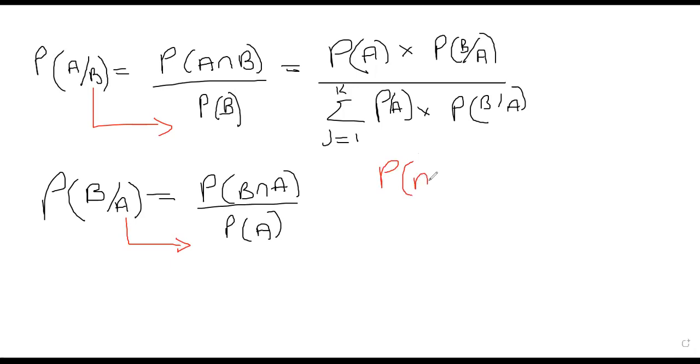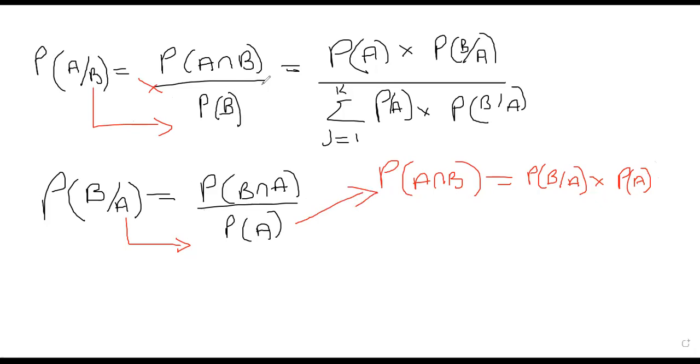The probability of A intersection B, when you cross multiply, is the probability of B given A multiplied by the probability of A. This is coming from B given A, which you multiply by this A down there.